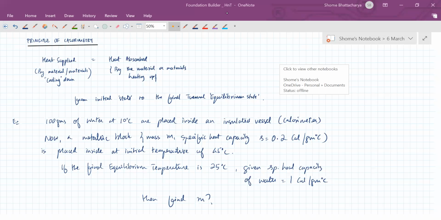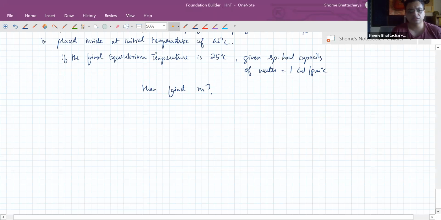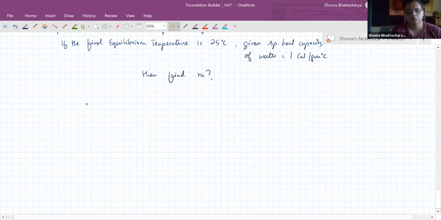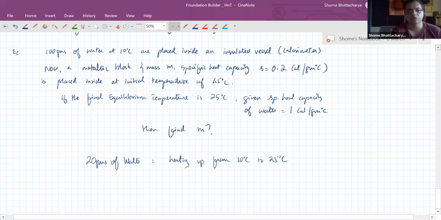Okay, so let's calculate the value. We can see that in this question you have 100 grams of water that is heating up from 10 degrees C to 25 degrees C. Sorry, 100 grams of water, not 20 grams.